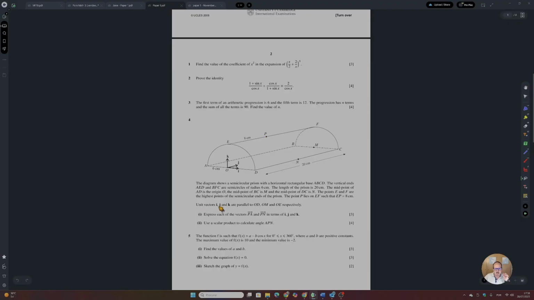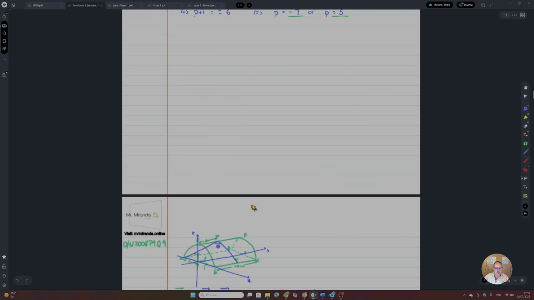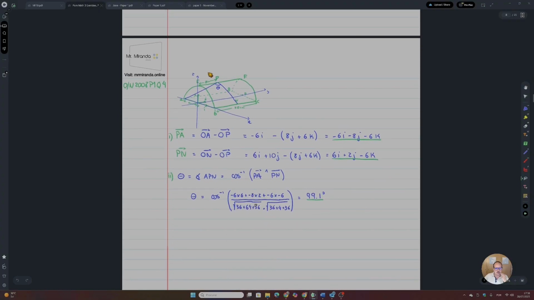Unit vectors i, j, and k are parallel to OD, OM, and OE, respectively. Express each of the vectors PA and PN in terms of i, j, and k, and then use scalar product to calculate the angle APN.